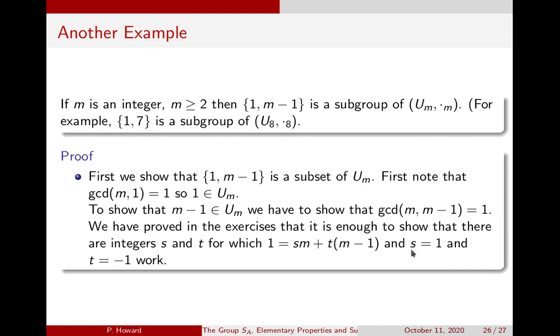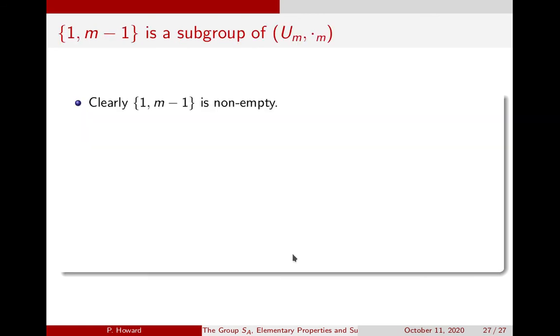S equals 1 and t equals minus 1 will make this equation true. So we now have the fact that the set consisting of 1 and m minus 1 is a subset of U sub m. It's clearly non-empty. It has 1 and m minus 1 as elements.